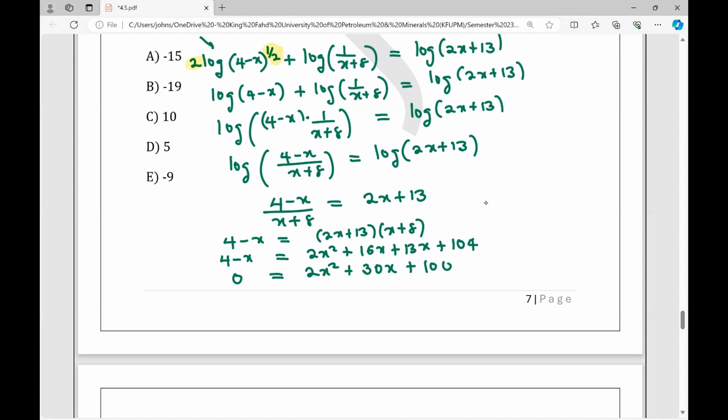And this will be plus 100, because we transfer 4 to the other side, 104 minus 4.